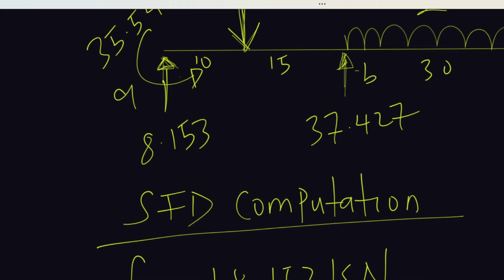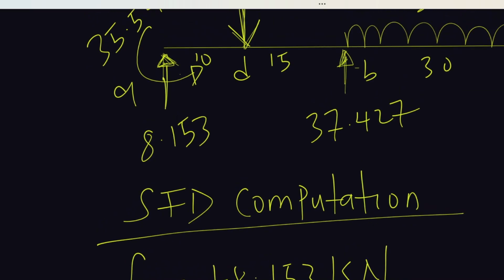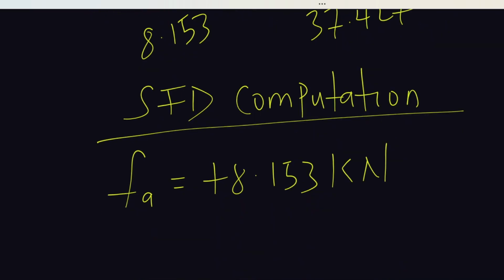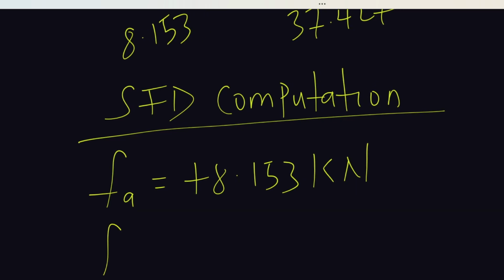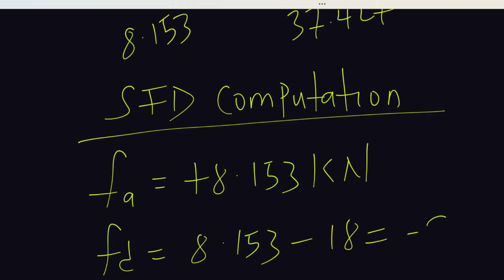BC, and if this is D, FD will be 8.153 minus 18, which will give me minus 9.847 kilonewton.